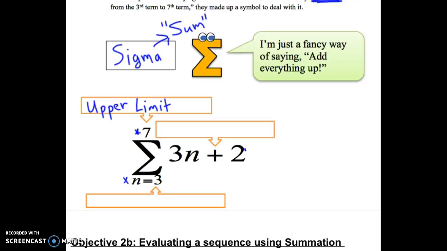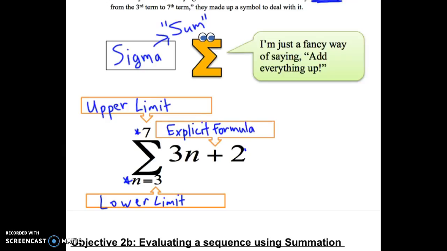Down here, the 3, again, this could be different, but n equals 3, that is the lower limit. So all this is telling me to do is find the sum from the 3rd term to the 7th term. And then finally, 3n plus 2 is the explicit formula.